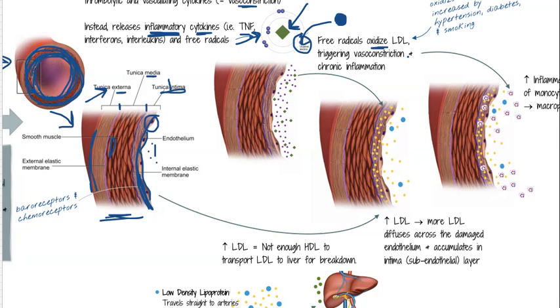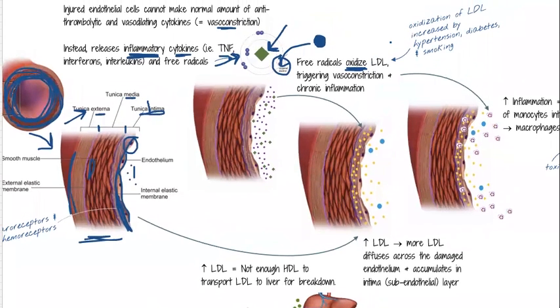We're not going really deeply into the molecular structure of these substances, but just understand this is what's happening. It's oxidizing, meaning it's stealing an electron from the LDL and making it hyperreactive, which pretty much ends up being toxic.